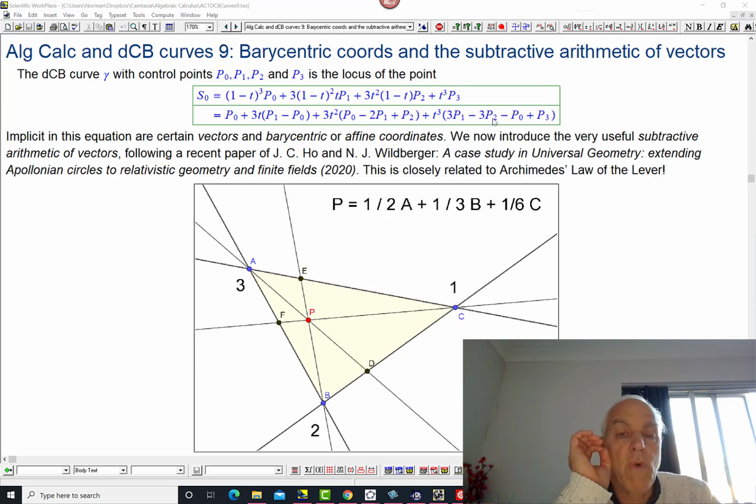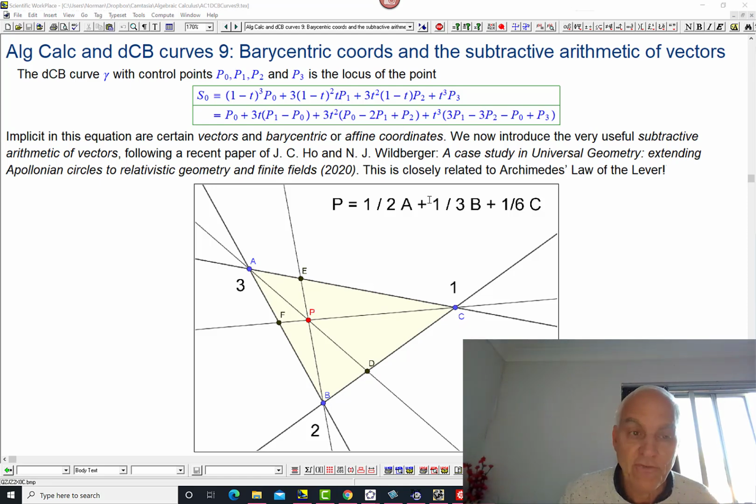Now, what we're going to want to do is to interpret these things as vectors, okay? So this second equation here, we're going to see has the form of a point, that's a point, and this is actually a vector, and this is a vector, and this is a vector. So in that interpretation, we are creating an arithmetic where points and vectors combine naturally, okay? So this is what I want to explain today.